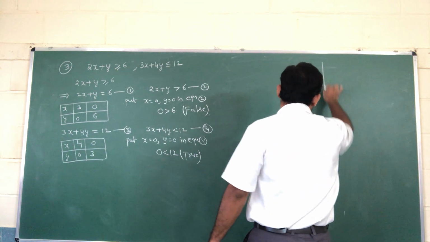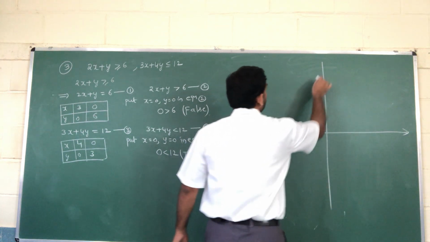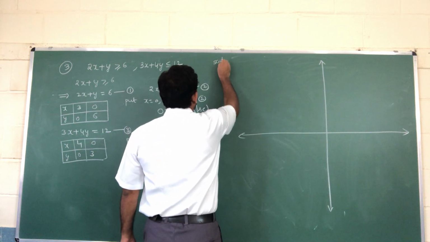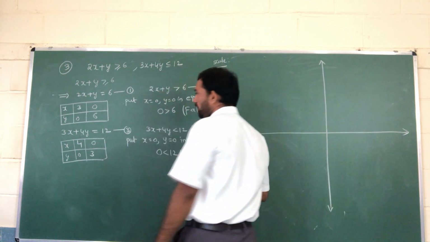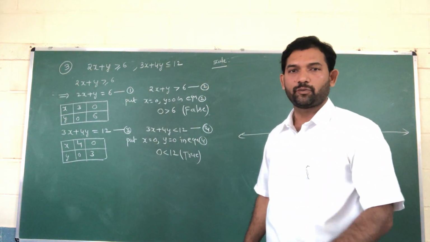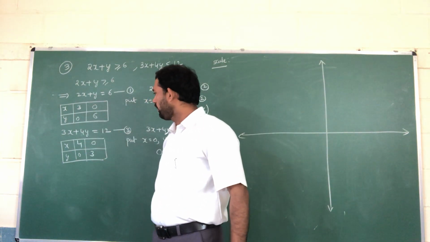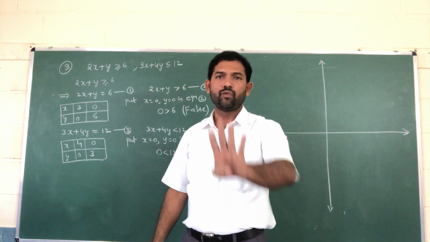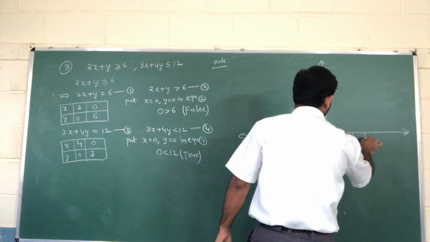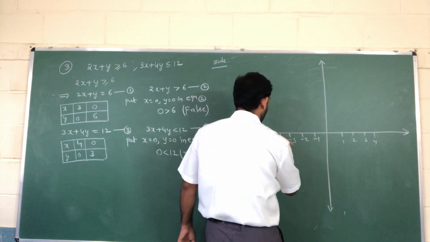So let's see this graph. Now you should write the scale. Before writing the scale, you should look at the table. What is the maximum value of x? What is the maximum value of y? Here x equal to 3 and x equal to 4, so 4 is the maximum: 1, 2, 3, 4, and on the left-hand side -1, -2, -3, -4.